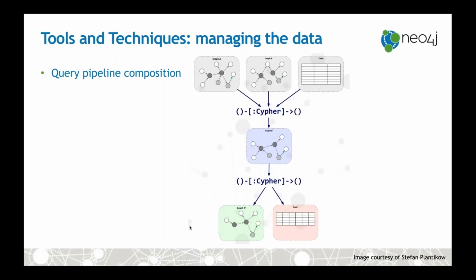So you can imagine how well this would sit, for example, in that AI workflow loop that I was talking about earlier. Subgraphs like this could be handed off to the data scientists to work on further, and then they would take that graph, mutate it in some way using a graph algorithm, and then place it somewhere else for yet another query to pick up to add to the original graph.